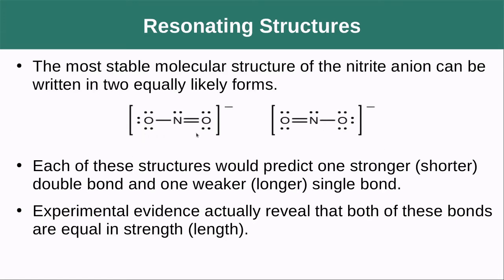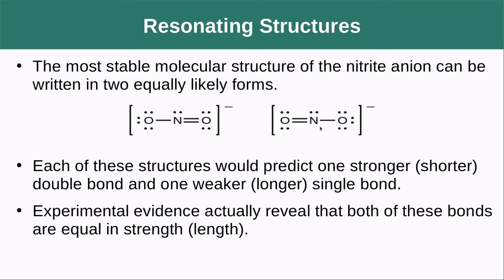So this leads us to resonance. What a resonating structure is, if you look at an example like our nitrite ion, right? We could have a double bond going to this oxygen, or we could have a double bond going to this oxygen here. If that were true, then what we would see experimentally is that one of these bonds is shorter than the other bond.